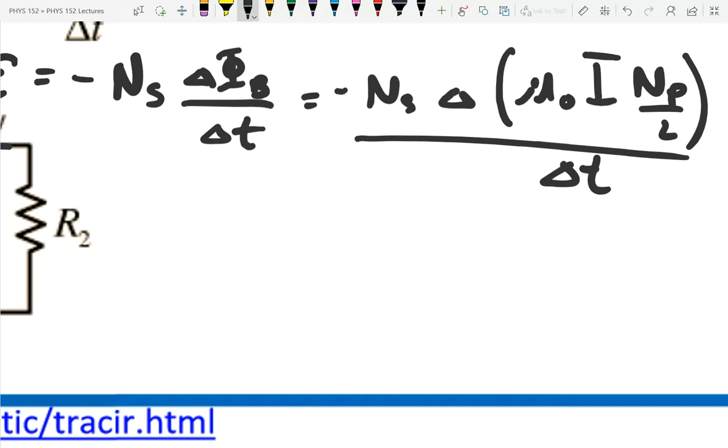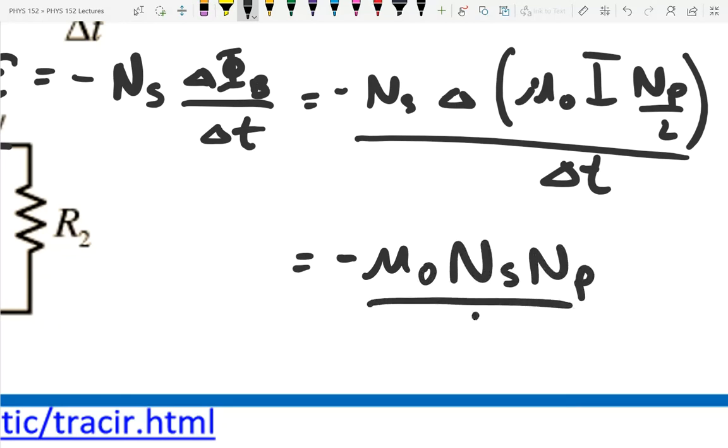And then we come to this and we say, well, the voltage I'm getting out is going to be proportional to the number of turns in the primary times the number of turns in the secondary divided by the length of that primary, and then times the rate at which the current is changing. What if the current is constant?